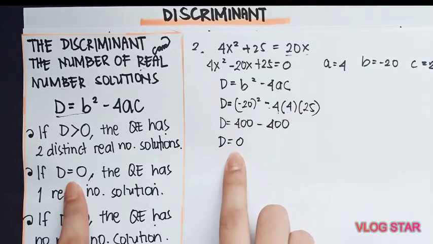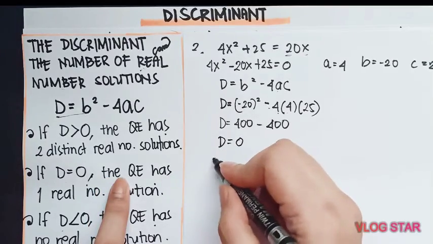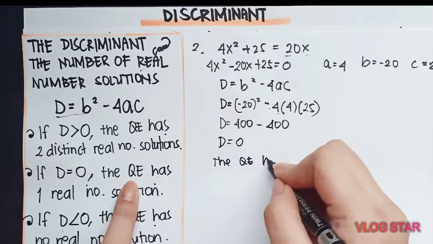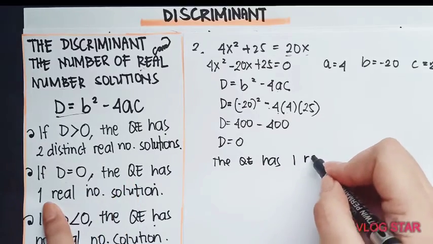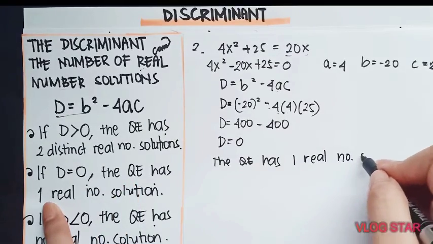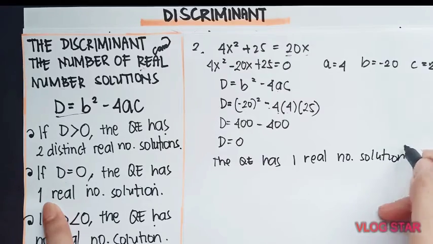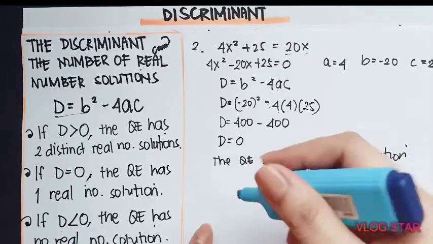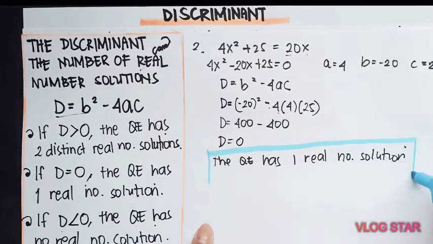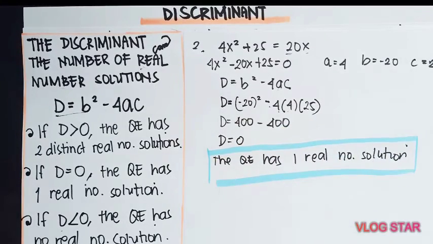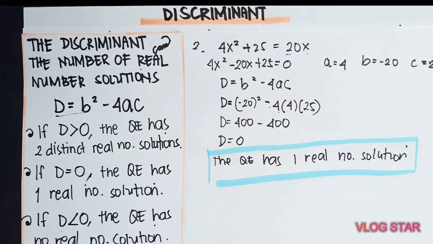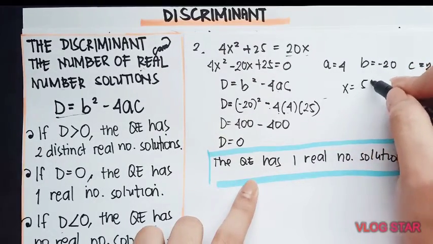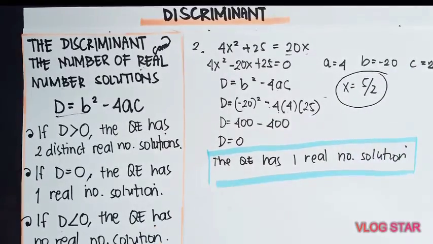Therefore, since the discriminant is equal to 0, the quadratic equation has only one real number solution. And we have actually solved for this before, and its solution is 5 halves. So it's only one real number solution.